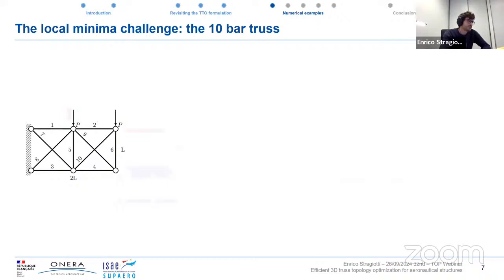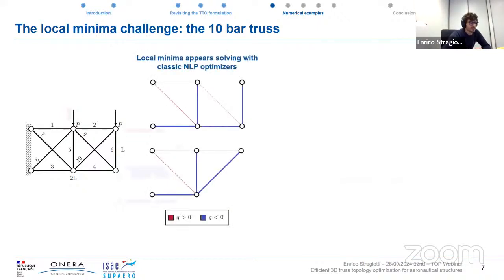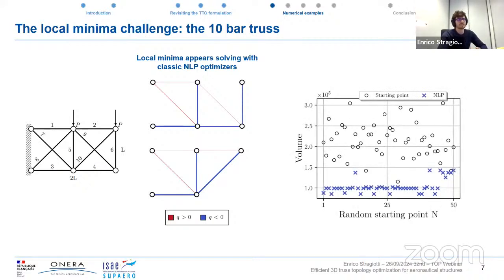And we see that if we solve the original formulation with just a nonlinear programming optimizer, we would obtain a very different structure based on the starting point. We can see it a little bit better on this graph, in which I plotted the volume of 50 different starting points, the black circles, and then for every circle there's the solution that we would obtain with NLP.